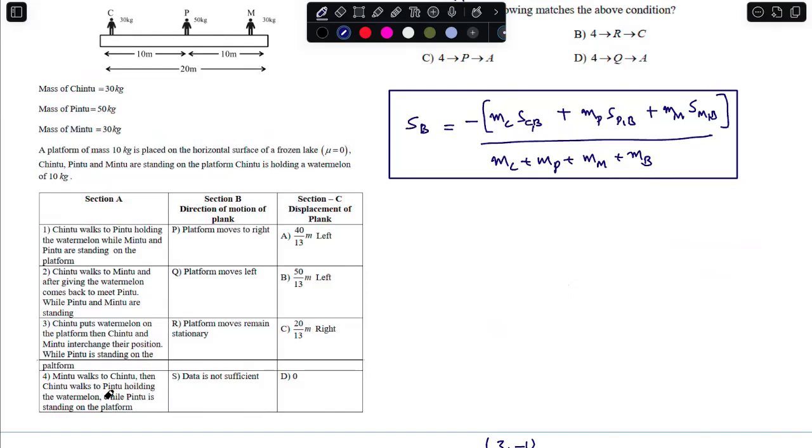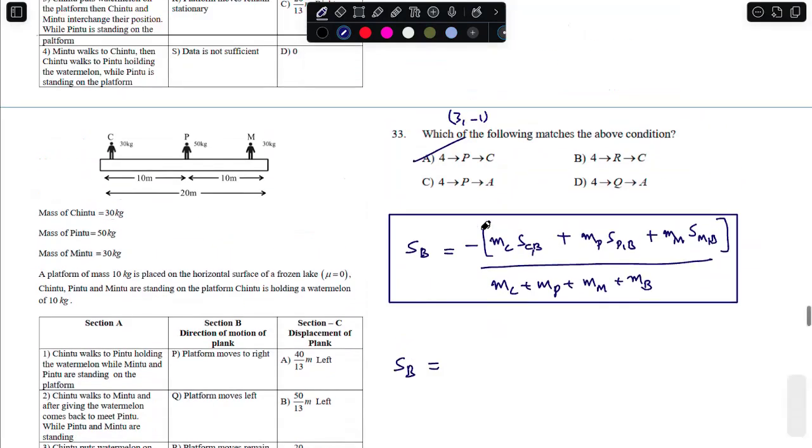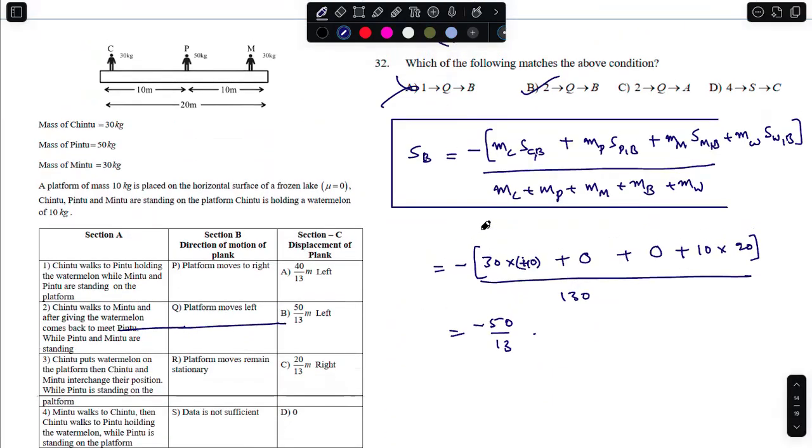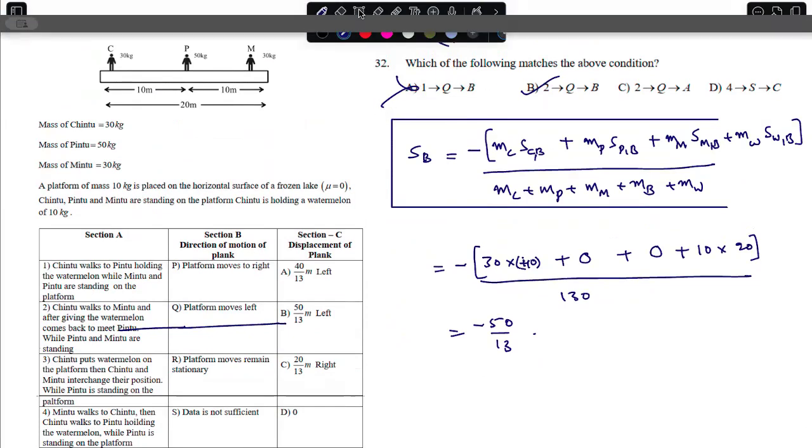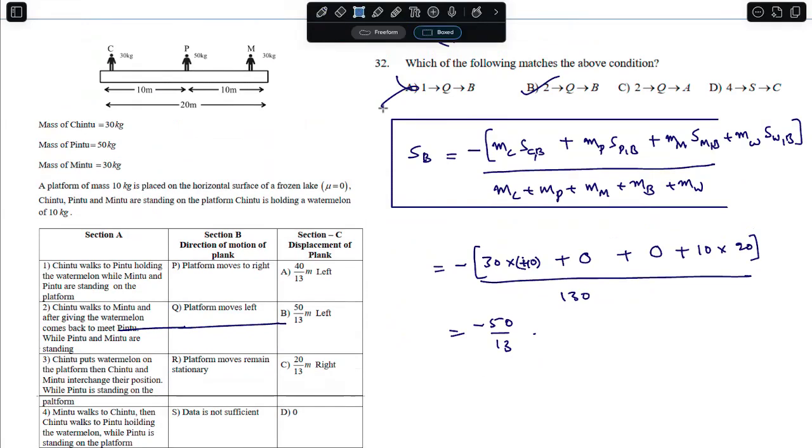Then Chintu walks to Pintu, holding the watermelon while Pintu is standing on the platform. So what is the situation of the watermelon? Now we will take this formula now.